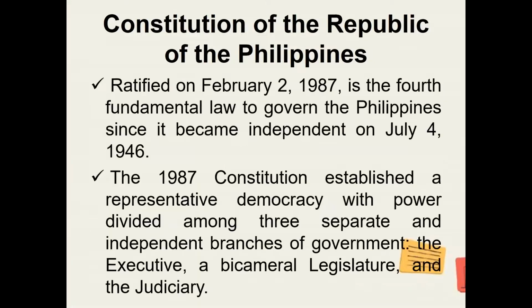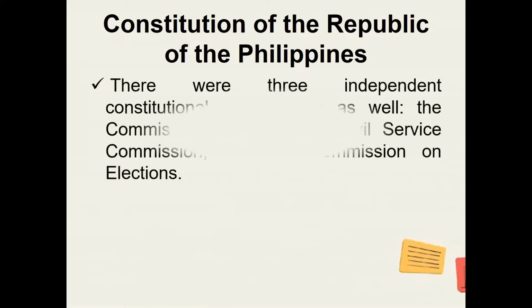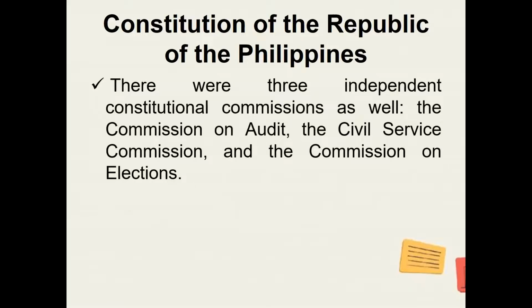So when we say Republican government, the public officials are directly elected by the people because it is a government of the people, by the people, and for the people. There were 3 independent constitutional commissions under the new constitution.